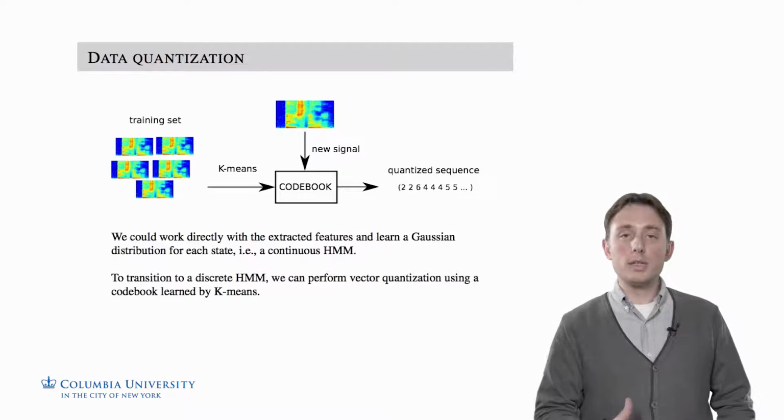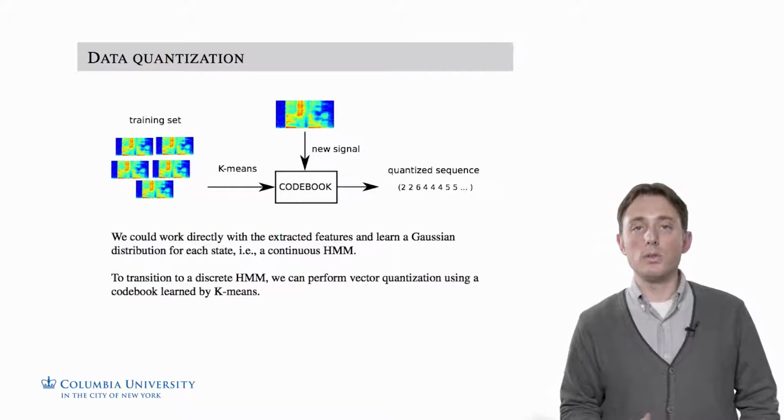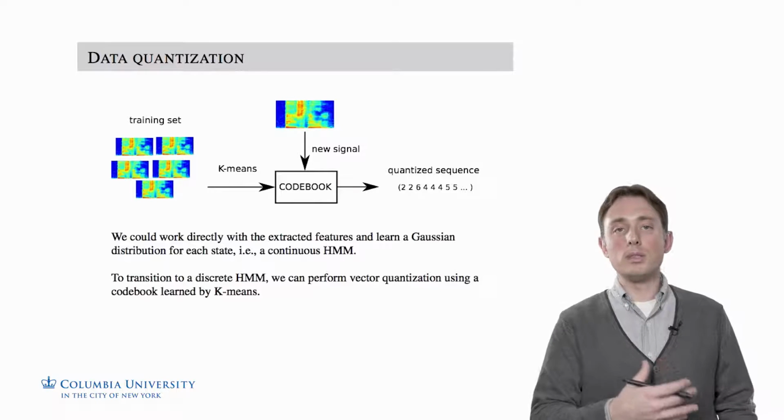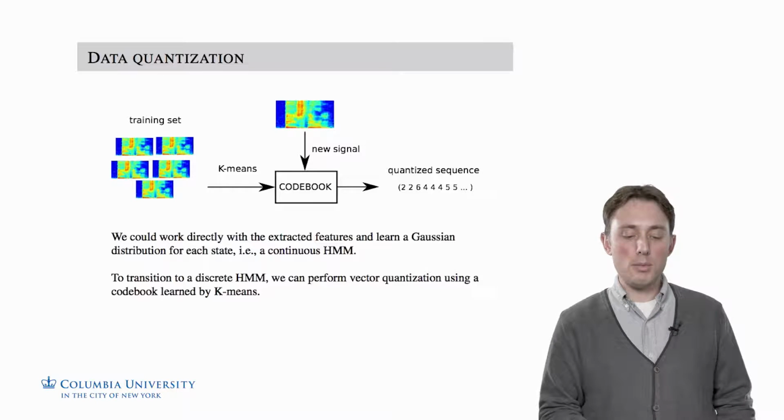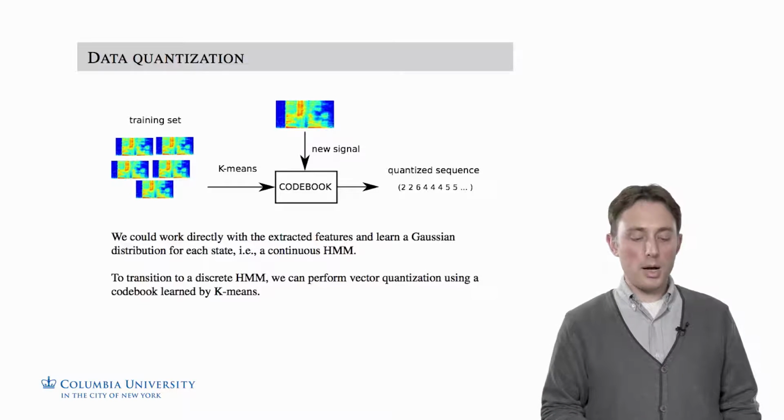If we wanted to discretize it, we could use k-means, and this is often where k-means is extremely useful. I would say one of the most practical uses for k-means is in discretizing data for use in other modeling problems.